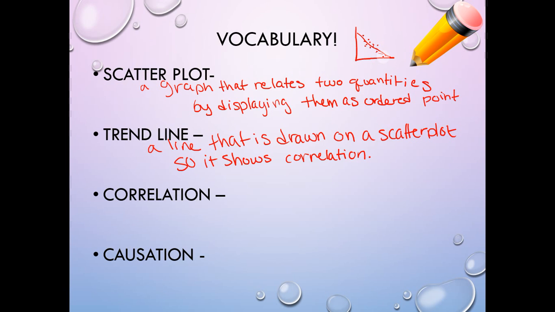Now, correlation: if you have correlation, that means that the two values relate to one another. And there's three kinds of correlation that we're going to talk about on the next slide. And causation. Now, causation is a little different than correlation.